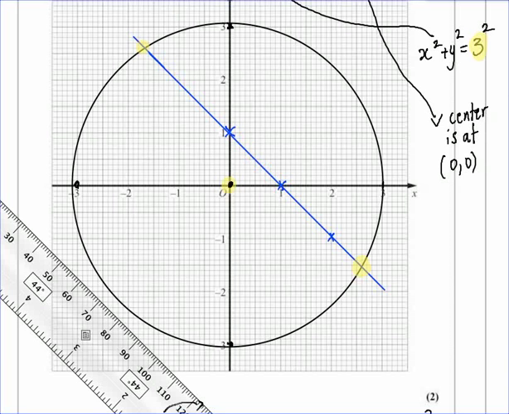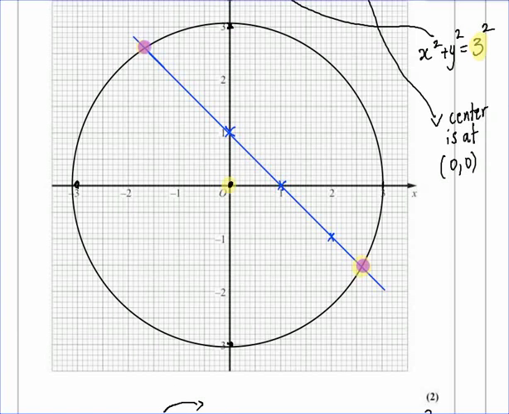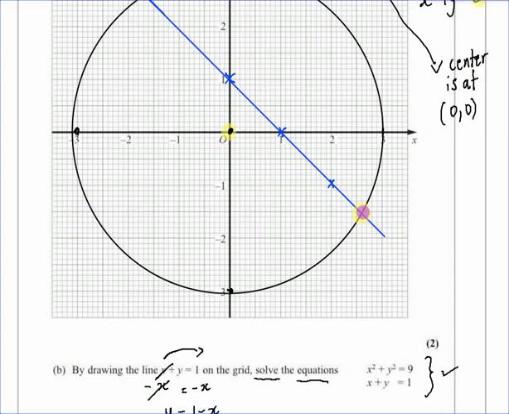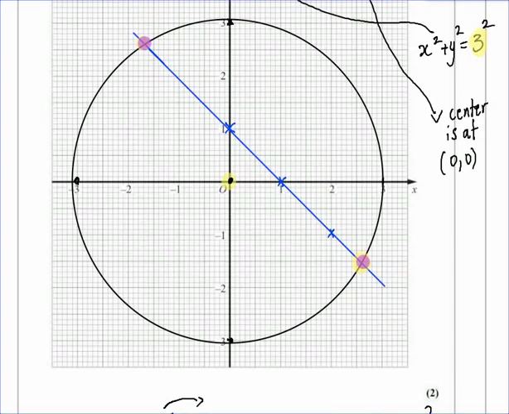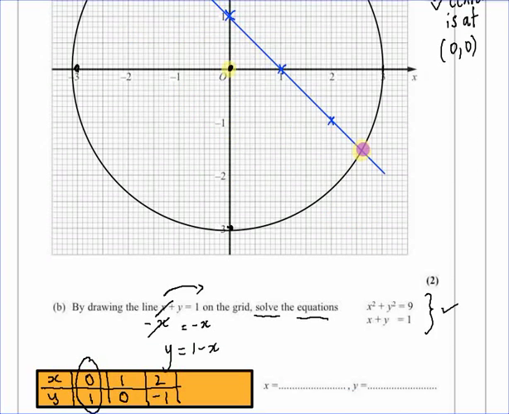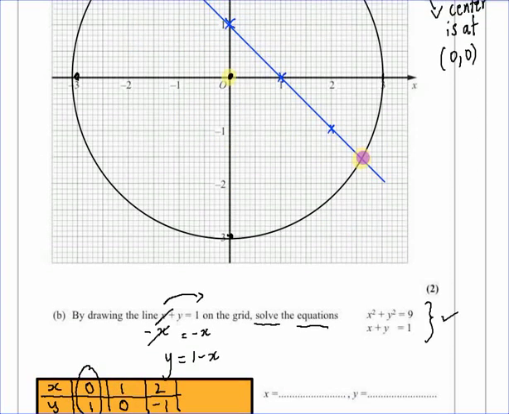This is a very important point because those 2 points where it's crossing are the solution to our simultaneous equation. That's the reason why the question is asking us to draw the graph, and we have to use that graph to solve this simultaneous equation. So how do you find the value of x and y?